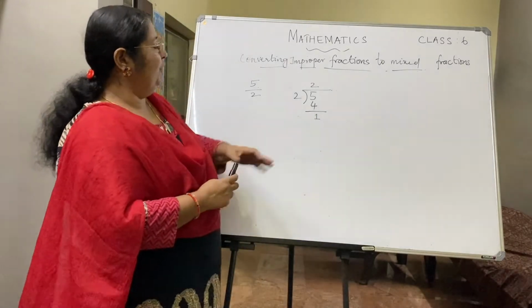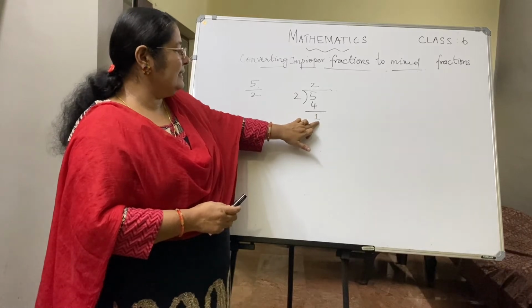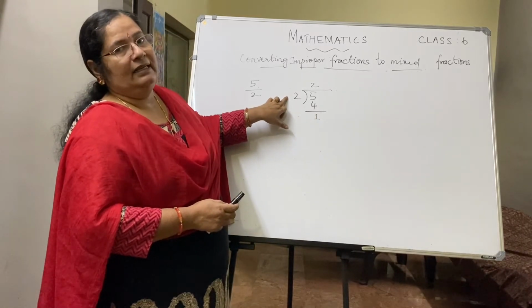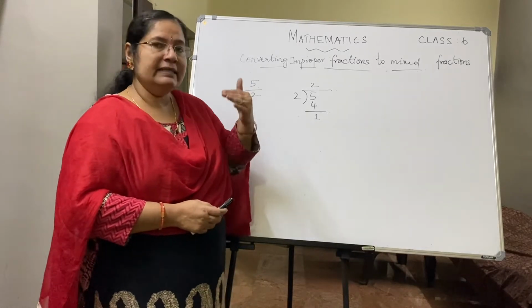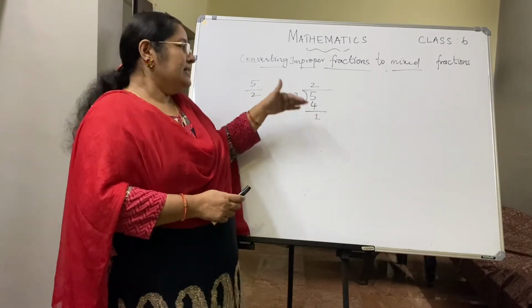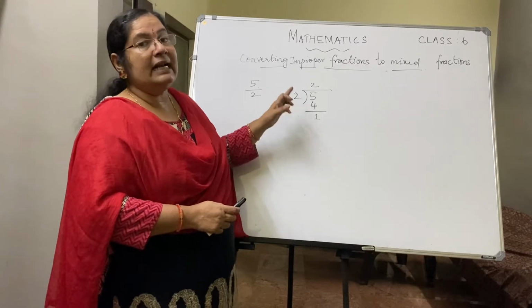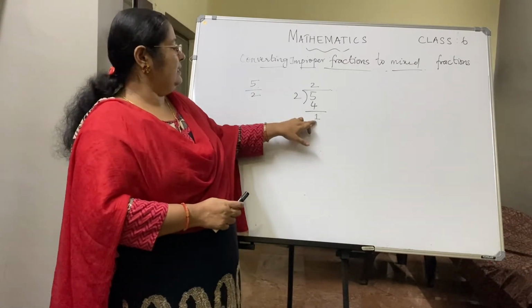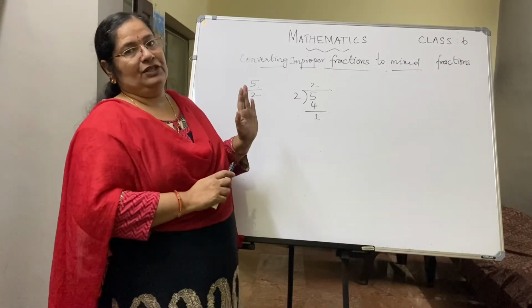Here you find that the remainder has now become less than the divisor. If there are more digits, you go on dividing step by step till you come to a remainder which is less than the divisor. At that stage you stop the division.